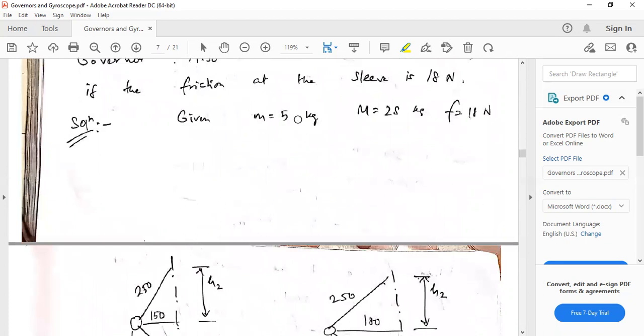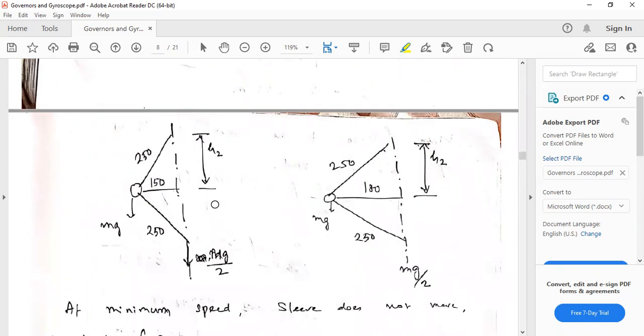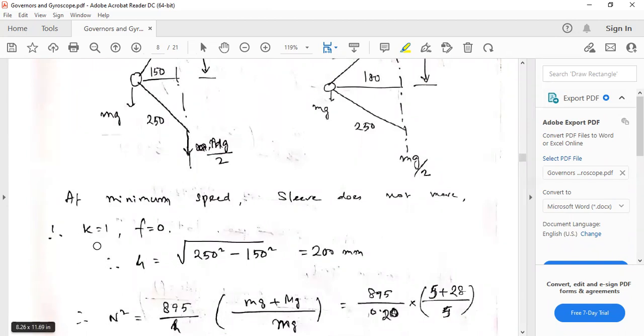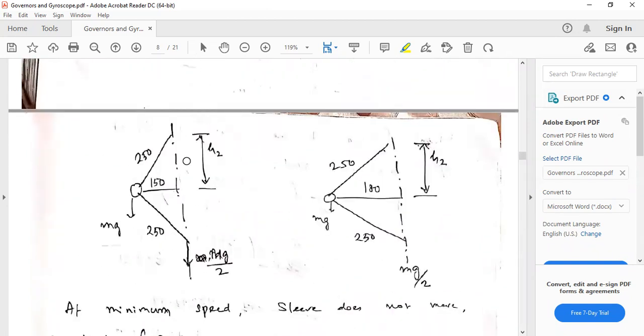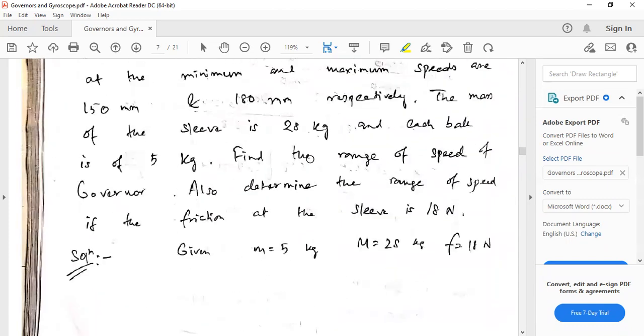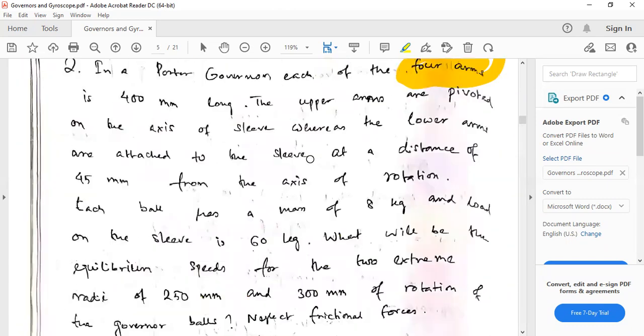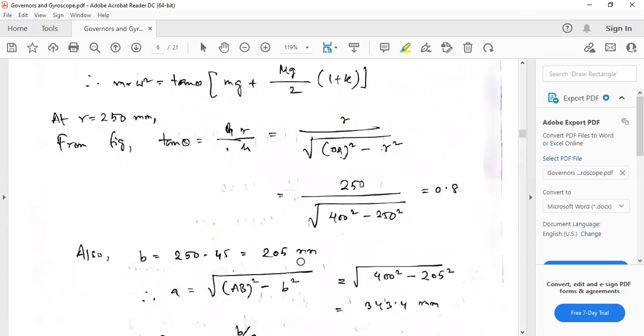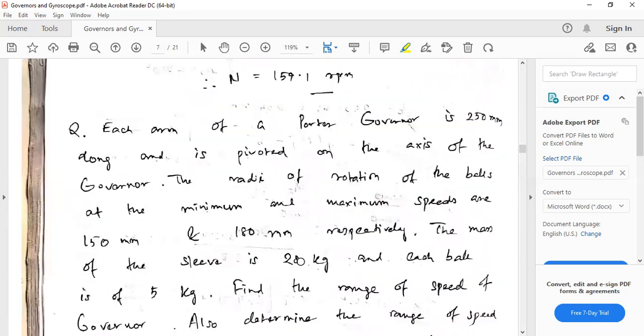Small m is given, capital M is given, friction f is given as 18 Newton. Now you have drawn these two figures, and you know that k is 1 and friction force is 0. So what you need here is the h value, because you can see in the formula that 895 by h is required. So just get h in both cases and you can solve the problem.